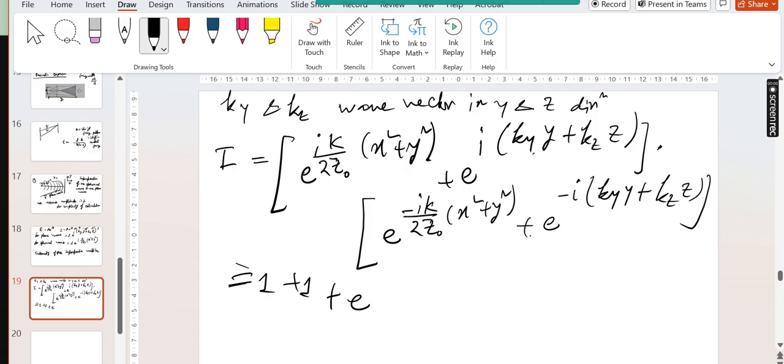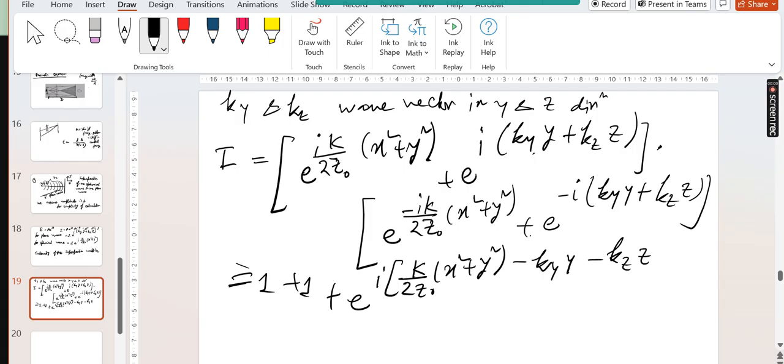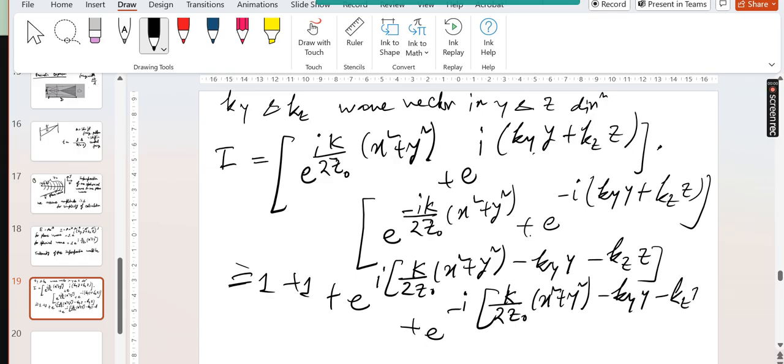The indefinite metric term is this, that is e to the power i k by 2z0 into x square plus y square minus k y y minus k z z, plus e to the power minus i k by 2z0 into x square plus y square minus k y y minus k z z.